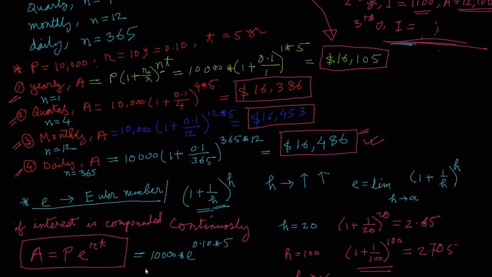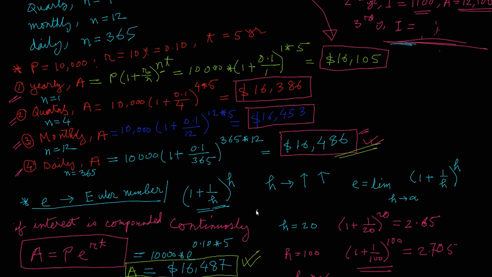And when I punch my calculator, I found that value to be 16,487. So as you can see, the amount of money John has to pay back when the bank calculates with continuous compound interest is even more than with daily compound interest. And this is the way the bank actually calculates the interest.